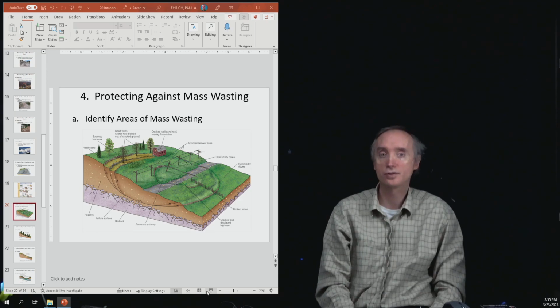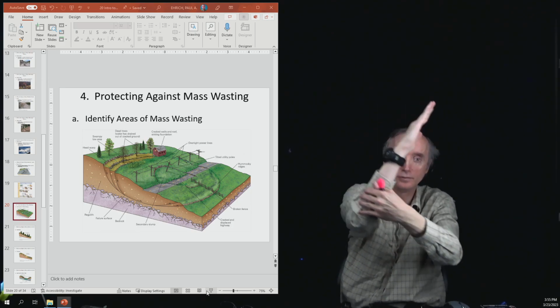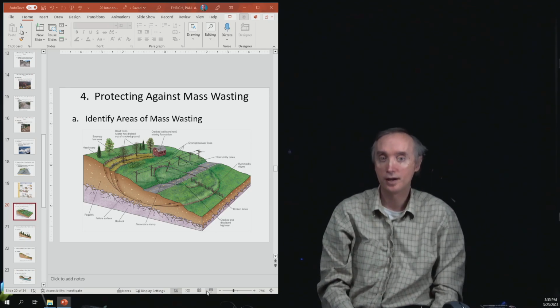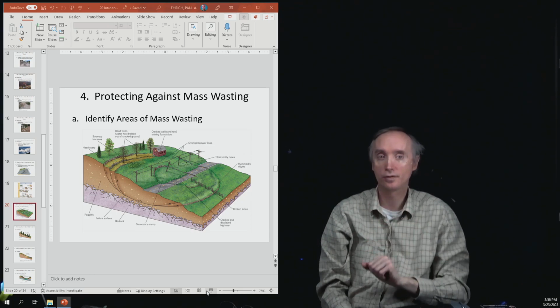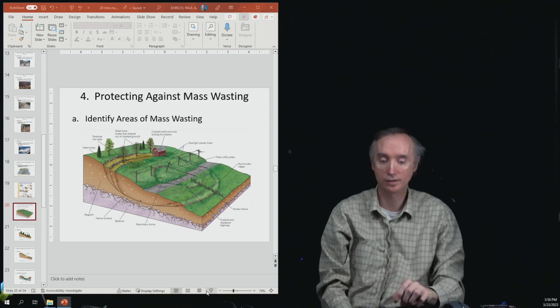Another thing is to look at those power lines, and you can see that some of them are tilted over as a result of being moved downhill. You can see that the road has been damaged as a result of it. So you might want to read some of the other things on that chart there, but it shows some things that indicate that mass wasting has occurred.